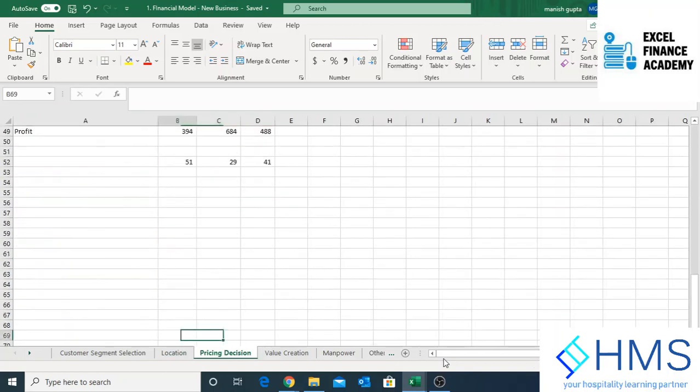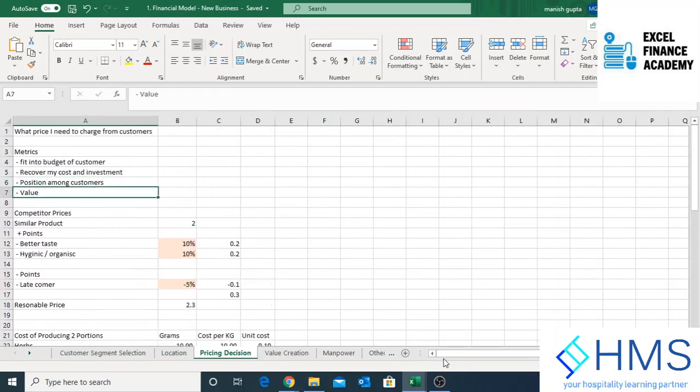How do we do the pricing? We discussed ingredient pricing, and then we can compare prices with your competitors who have a similar product, or an alternative or substitute product: how much price they have, what your plus points are compared to that product, and how much a customer would really be willing to pay for that substitute versus your product.